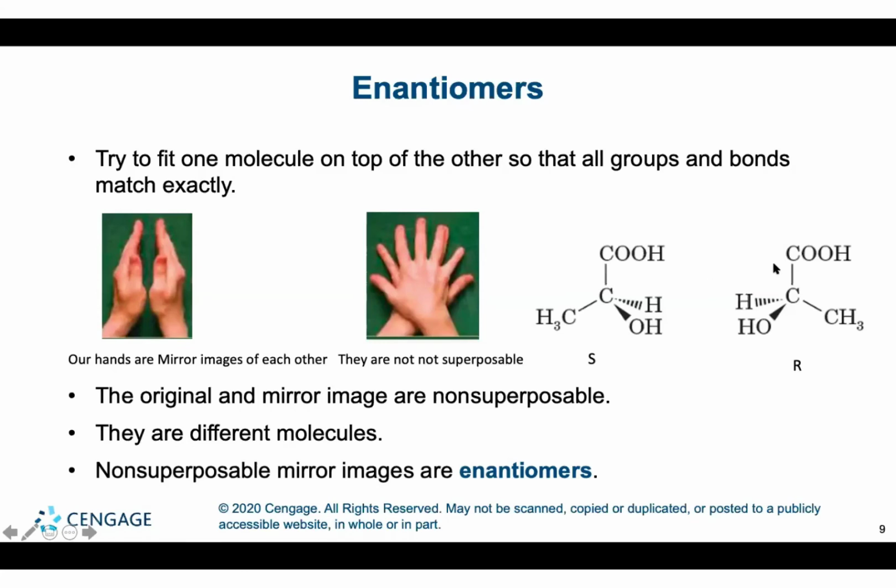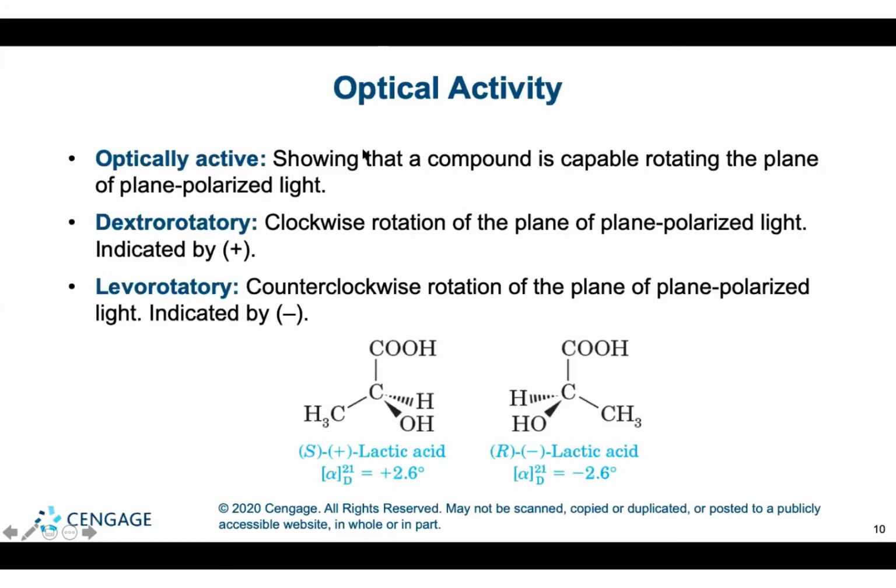Both of them have CH3, both have hydrogen, both have OH. Just the location of them around the same carbon is different. You can see that here COH is in the same location, but CH3, H, and OH have flipped. Enantiomers are also optically active.